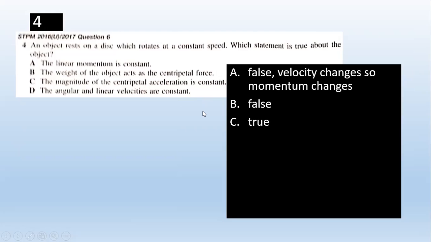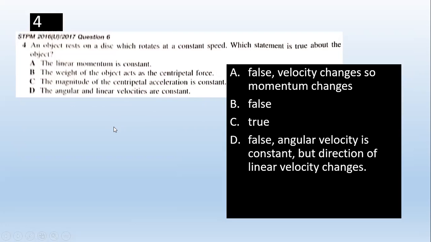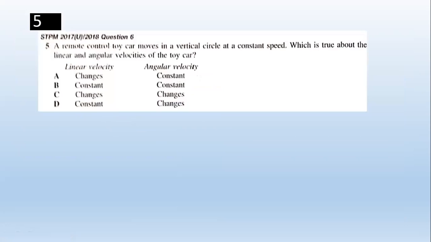True. Angular and linear velocity are constant? Velocity has a direction, so linear velocity is not constant. Angular velocity is constant, yes, because they're always going in one direction only. Answer is C.